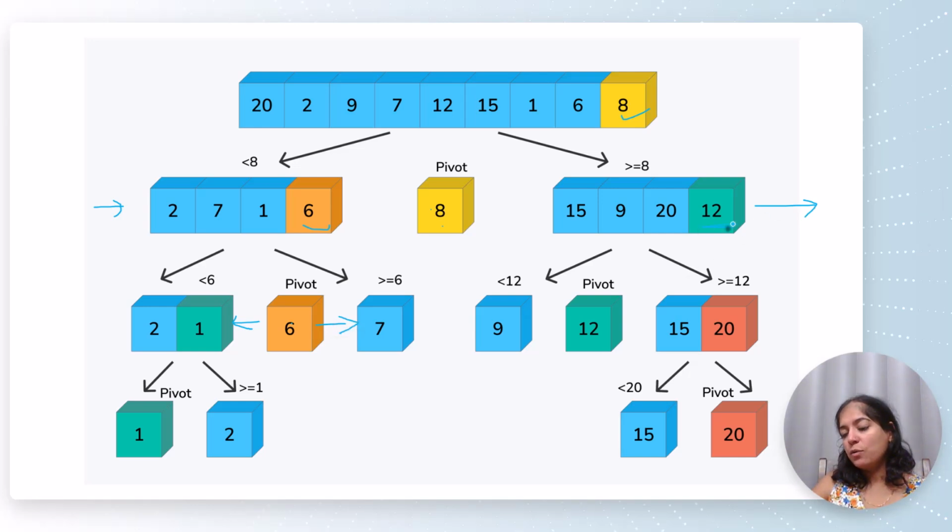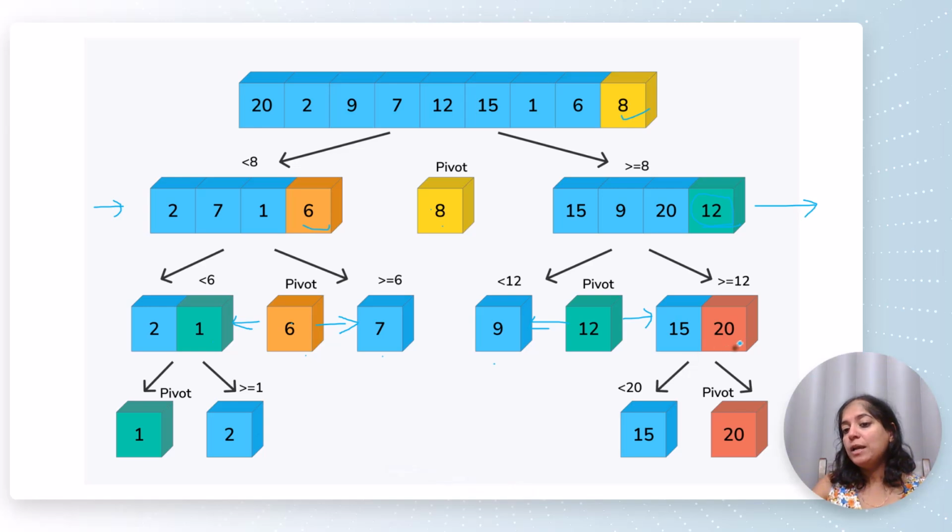Same over here, 12 is the pivot element. So all the elements which are less than 12 go towards the left and all the elements which are greater than 12 go towards the right. 6 and 7, 7 and 9 are subarrays of size 1, so the process stops for these. For 2 and 1, the pivot is 1, so elements which are greater than 1 go towards the right.